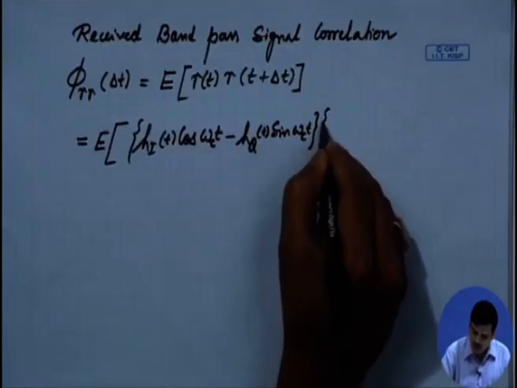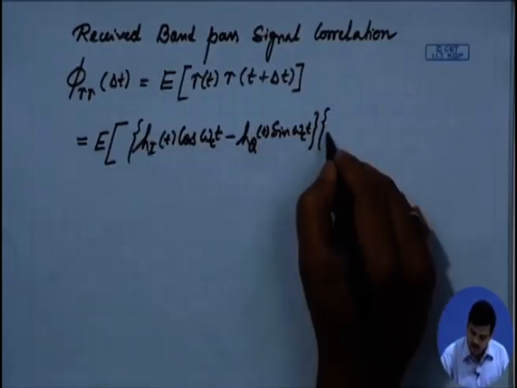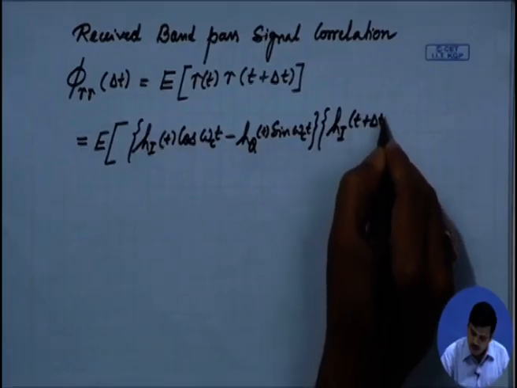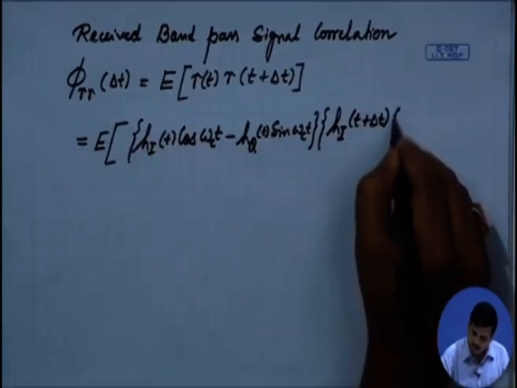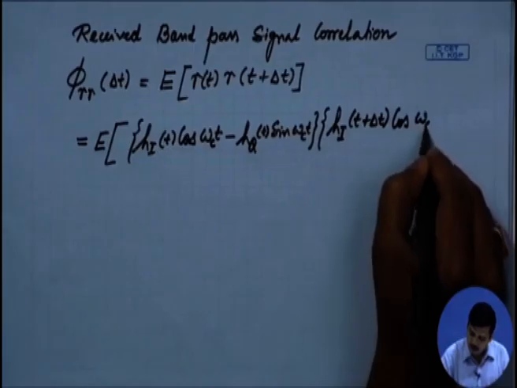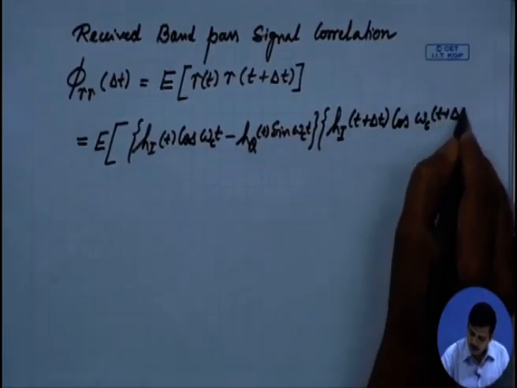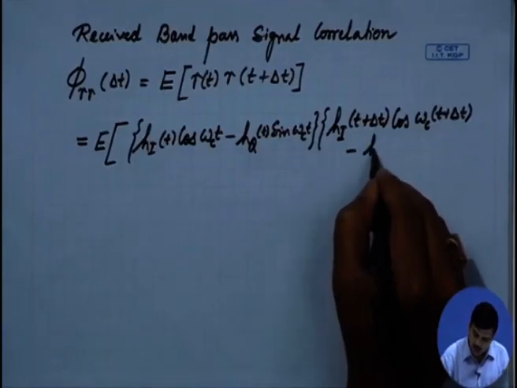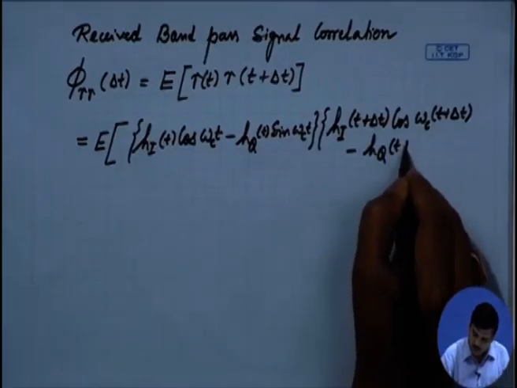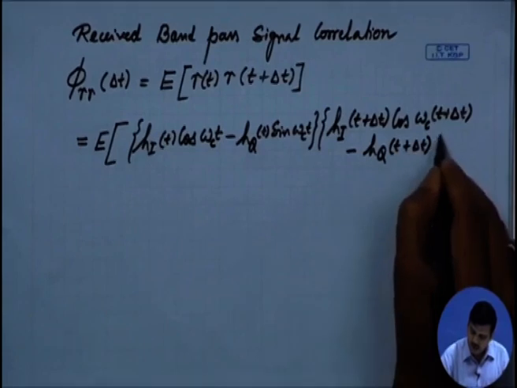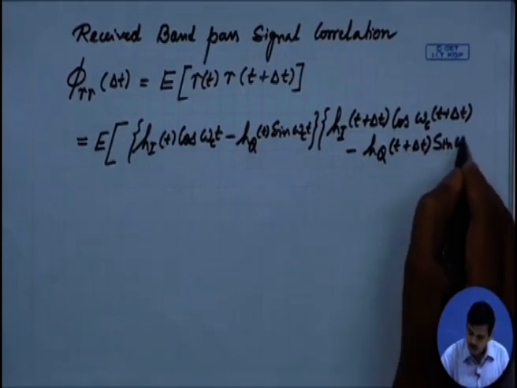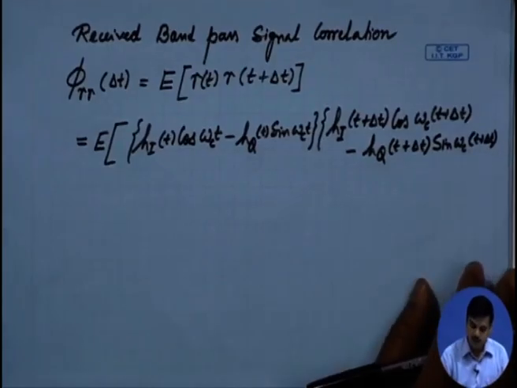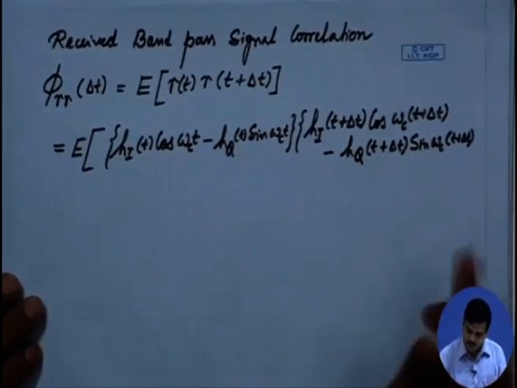So, that is the first component. The second component is h I of t plus delta t cos omega c t plus delta t minus h q of t plus delta t into sin omega c t plus delta t.